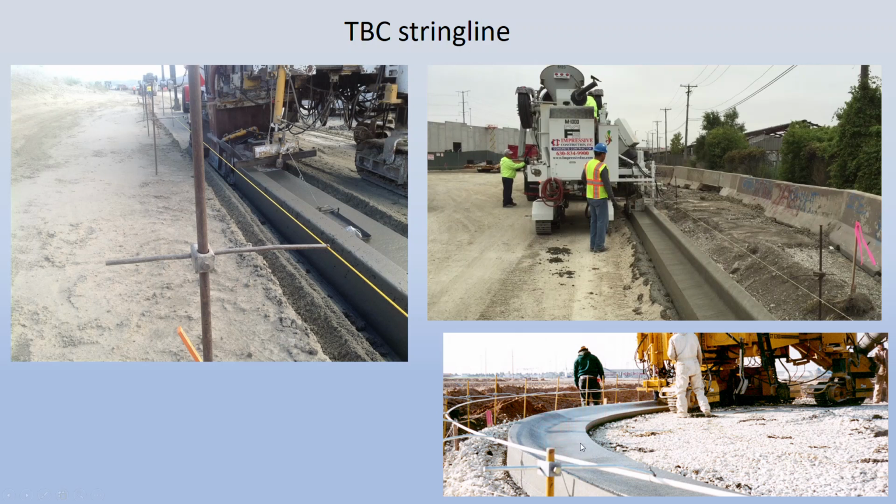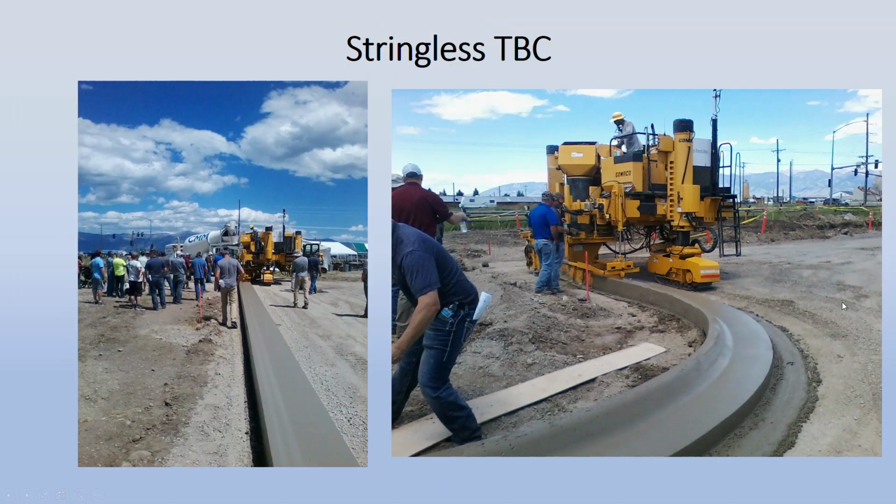But curb and gutter is really automated now. And these string lines are an expression of your stakes that you've set in the ground, both location, which is the horizontal position, and grade, which is the vertical location. But that's kind of going away now.